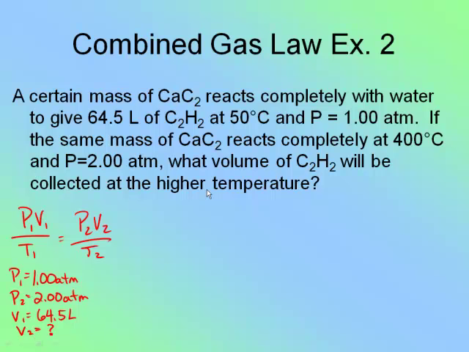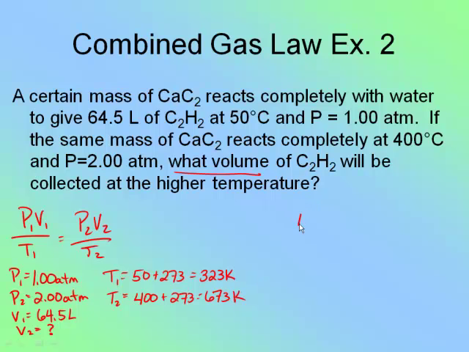I'm looking for the new volume because it says what volume? T1 is 50 plus 273. I like to use 50 a lot. That's 323 kelvins. T2 is 400, which is a considerable temperature change. So we get 673.